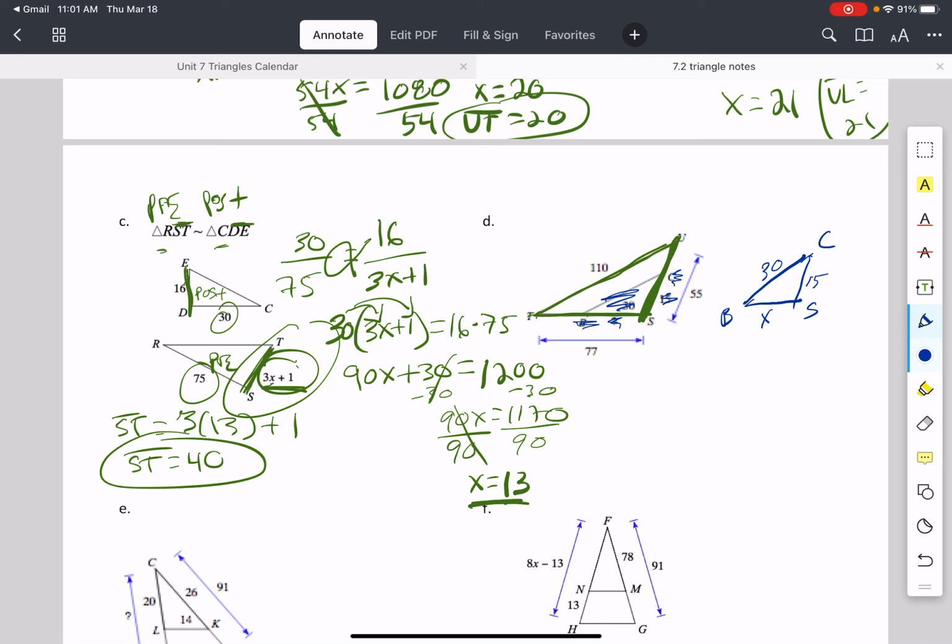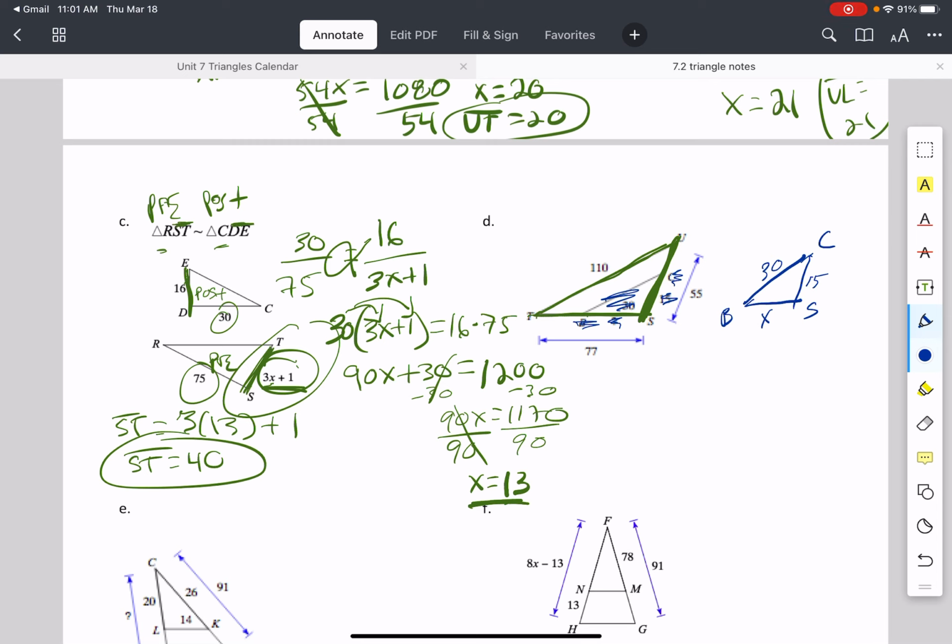And when it's a dilation, it doesn't matter which triangle you call the pre-image and which triangle you call the post-image. It won't matter. So do you want to call the pre-image the bigger one or the smaller one in this case? It doesn't matter. For dilations, it doesn't matter.